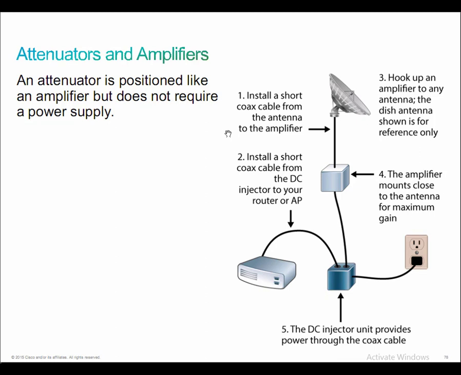Typically, we'll see these in licensed bands, not unlicensed bands. But obviously, the goal here is to provide some sort of active amplification, not passive amplification. So we're not changing the focus of the beam. That's the role of the antenna.